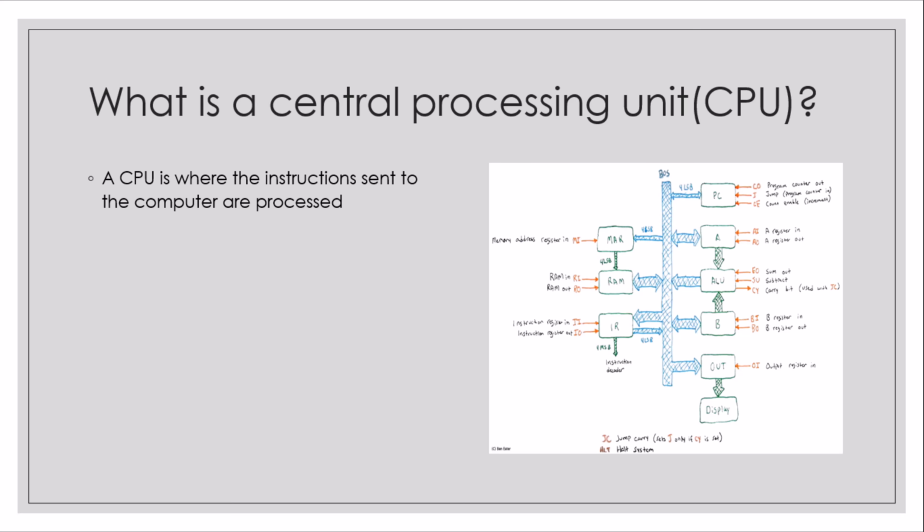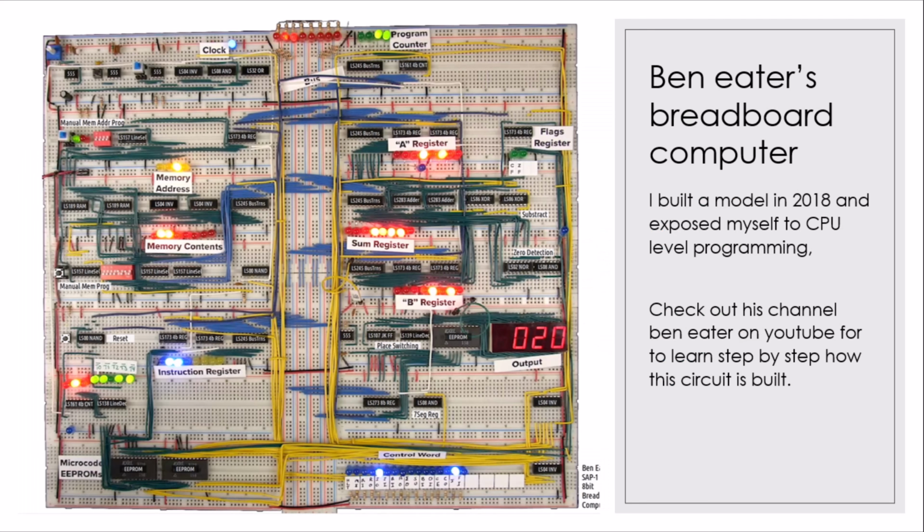Let us take a closer look at this part of a computer. This is a breadboard computer which I built a replica of back in 2018. It is a breadboard computer originally built by Ben Eater. You can check out his channel to see how this is built from scratch. I'll leave a link to his channel in the description of this video. Building this computer helped me understand the underlying principles of a CPU, which I'll explain in this video.